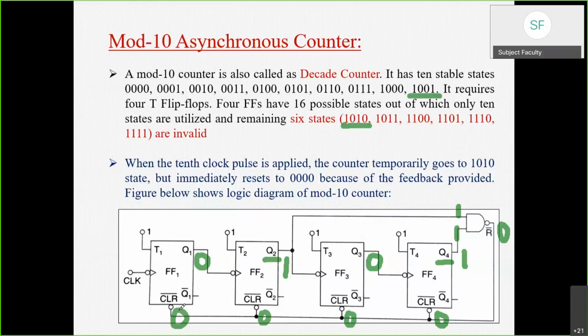So as soon as 0 is given to the clear input, all the flip-flops will reset themselves and the count will be 0000. That means after the 1001 count, the counter will go to this count for a very small period of time, after which it will again reset itself to 0000.